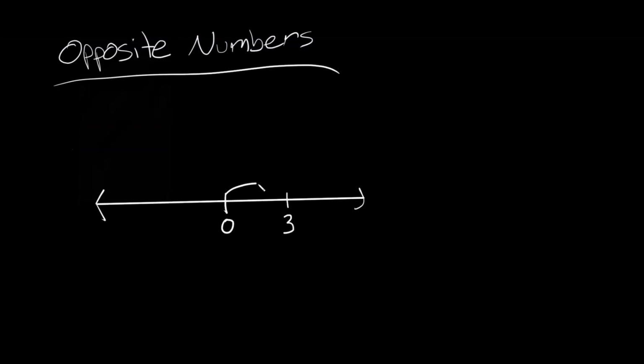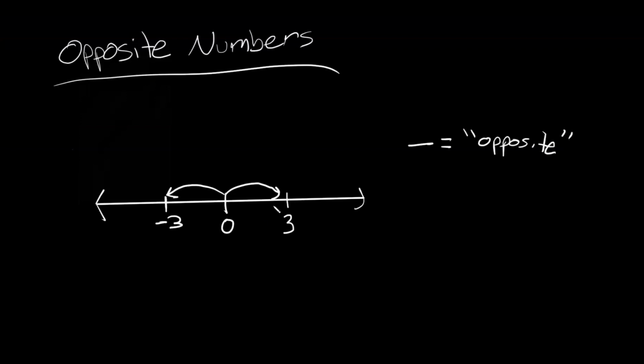So we see here 3 is this far, so that means -3 is going to be this far. Imagine these are the same distances. They're not perfect. So when you see a negative in front of a number, it basically just means opposite.